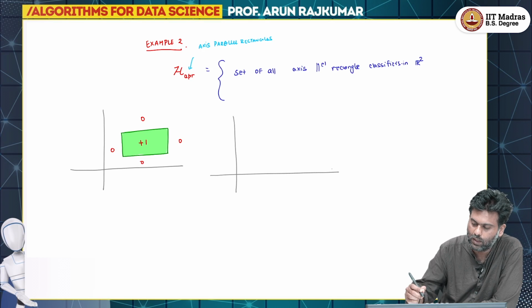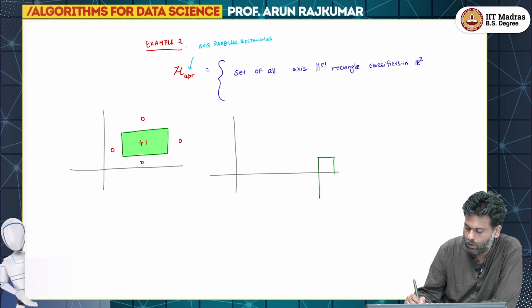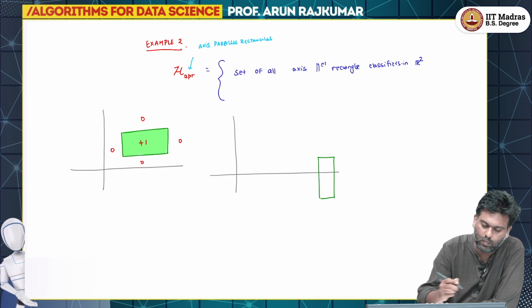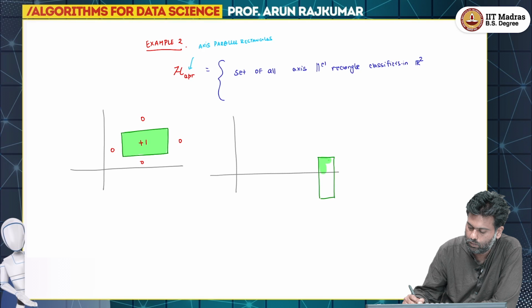Of course, this also has infinite hypotheses, it is easy to see. So, this is another one maybe, as long as it is axis parallel, it does not matter where it is situated.